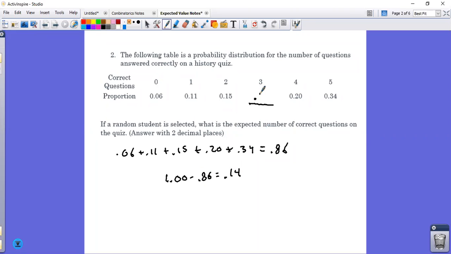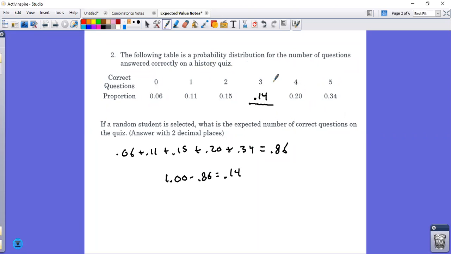So this is 0.14. Okay, so the expected value, like I said, if 100 kids took this quiz, what's the average grade? So it's not necessarily going to be a 1, 2, 3, 4, or 5, because when you find the average, you end up dividing.